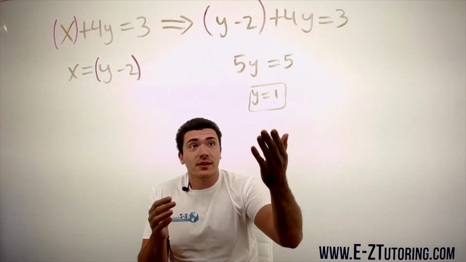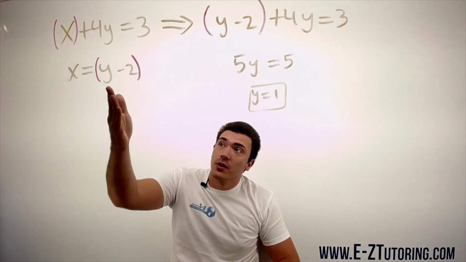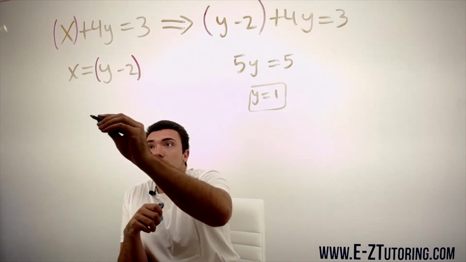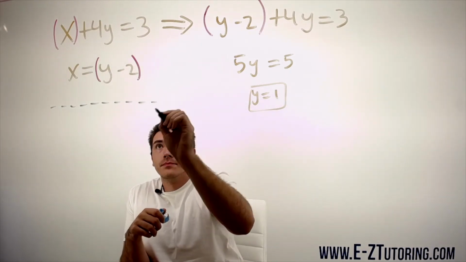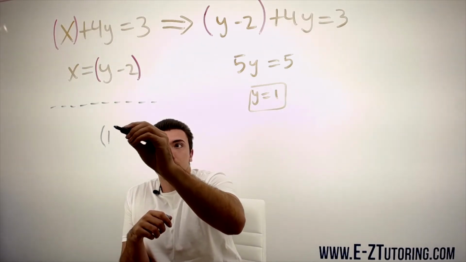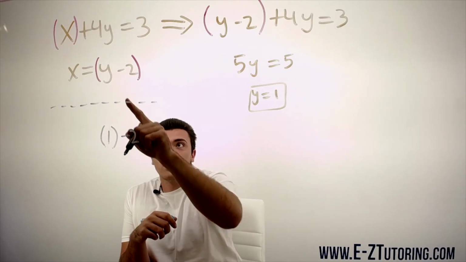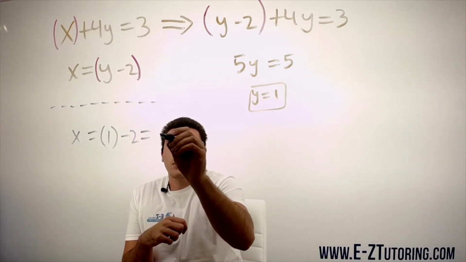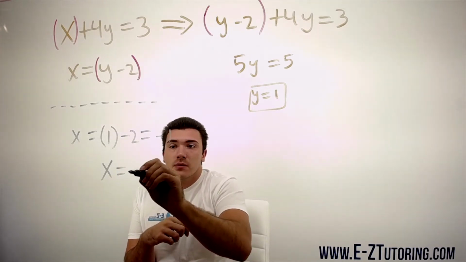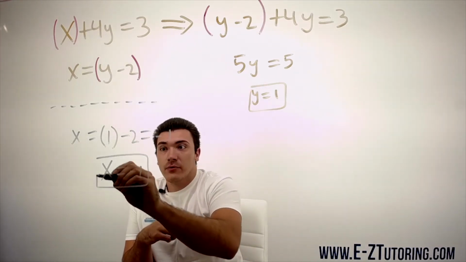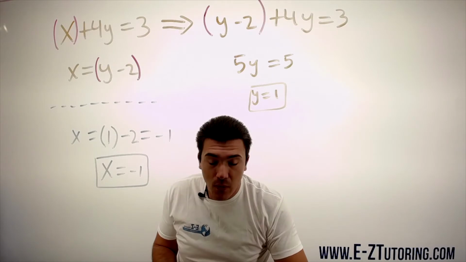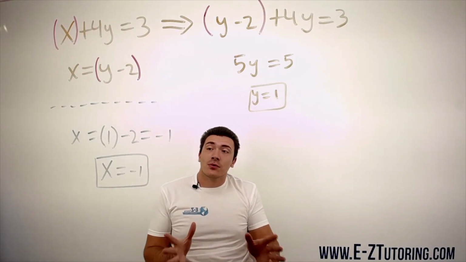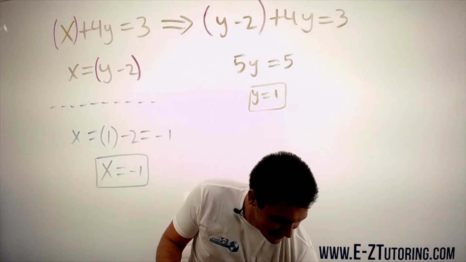All you do is take y equals 1 and plug it in over here. y is 1, minus 2, because we had y minus 2. 1 minus 2 equals x, which is equal to negative 1. So just like that, you found both your x and your y using substitution. So let's go on to our next problem.